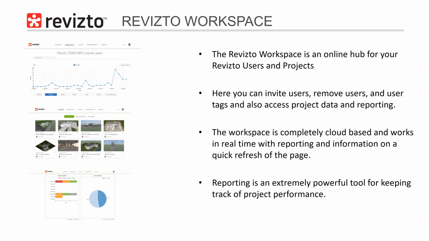So in our reporting tool, in the bottom image on the left, you can see each user listed out name by name, how many open issues they have, how many closed issues, how many issues are in progress, as well as the major and critical issues in a pie chart to the right here. That's all in real time, and the Revizto workspace is the online hub where that happens.